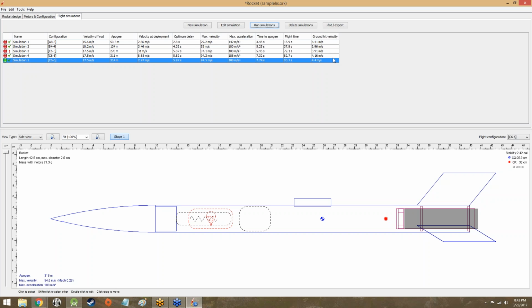And that's just kind of how it is. When it deploys the recovery system before apogee in this system, it always hits the ground slower. But I feel like that's a reasonable trade-off considering that velocity at deployment is just beautiful.